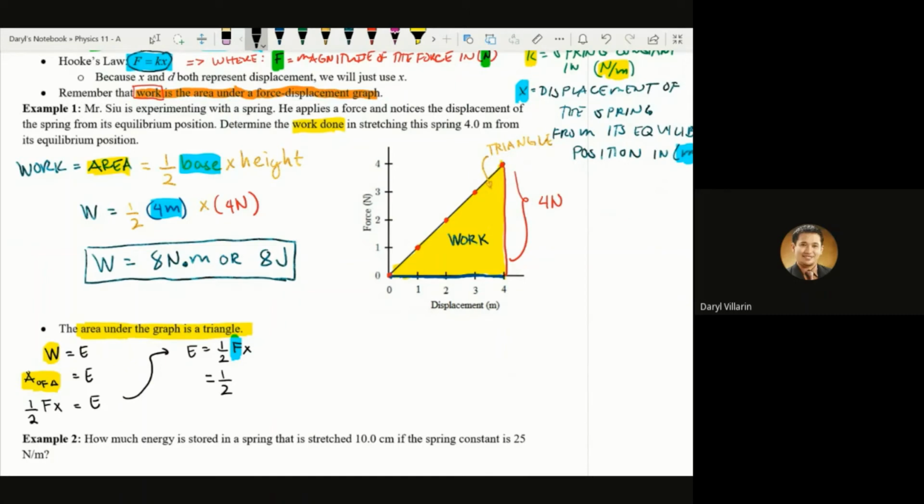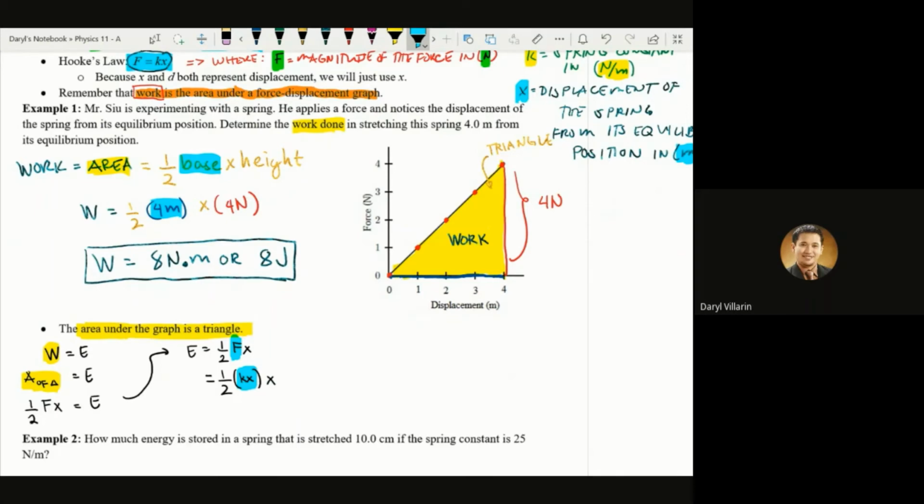F is equal to kx, so this is kx times x. I can replace my F with kx because I'm talking about the energy in a spring. And if you can see, I have 1/2 kx times kx.